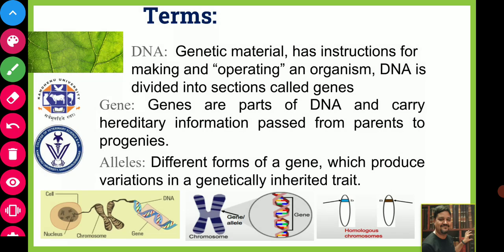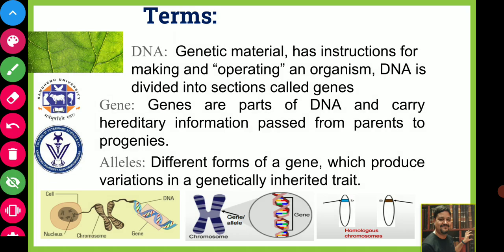First of all, the most common term is DNA. What is DNA? We know the full form of DNA is deoxyribonucleic acid. It is a genetic material which has instruction for making and operating an organism.